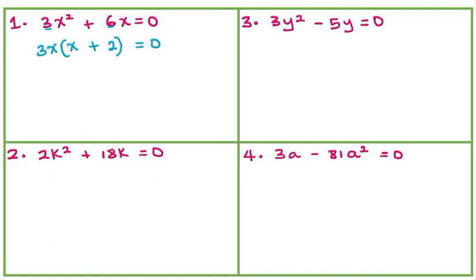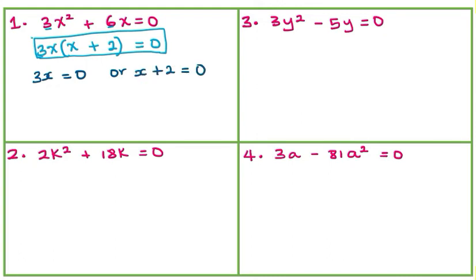And now you see that 3x times x, we get 3x squared. 3x times 2, we get 6x. Now, already you can see that at this point, we are having a quadratic equation that is factored. So it means that 3x is equal to 0, or x plus 2 is equal to 0.